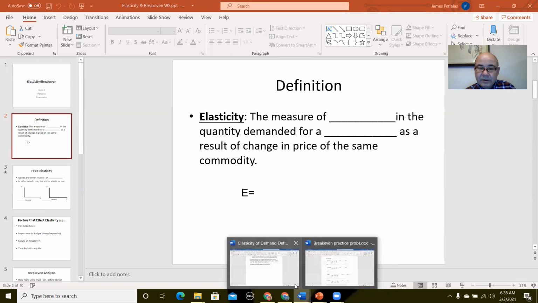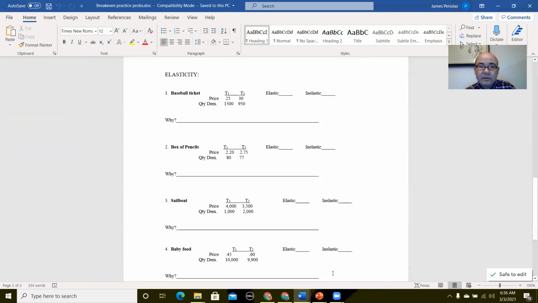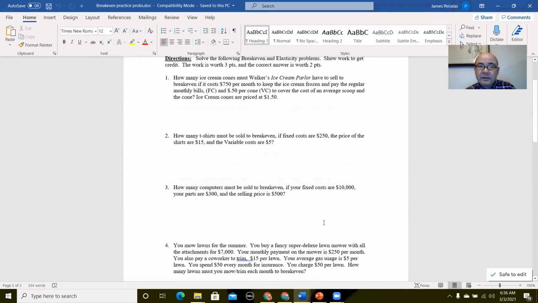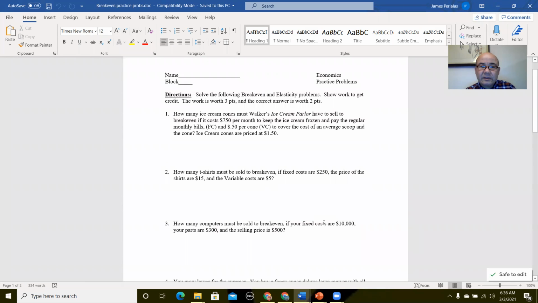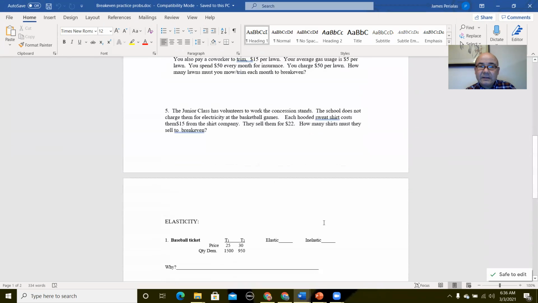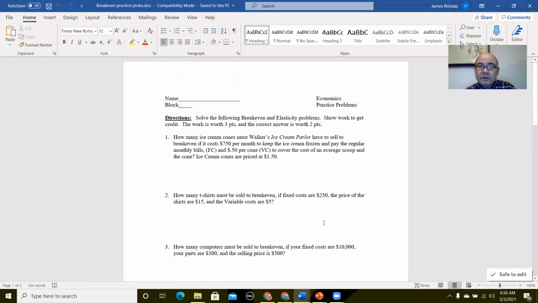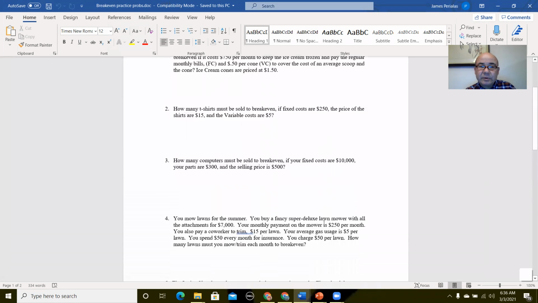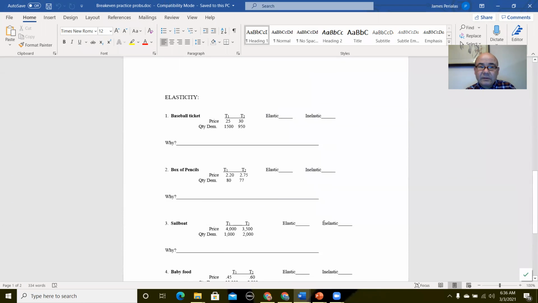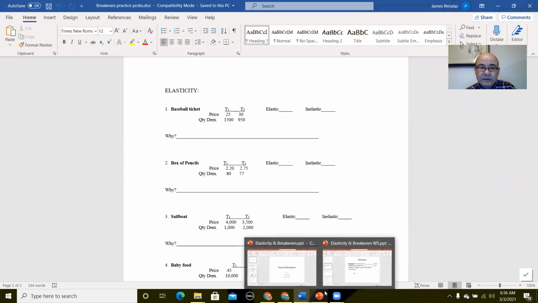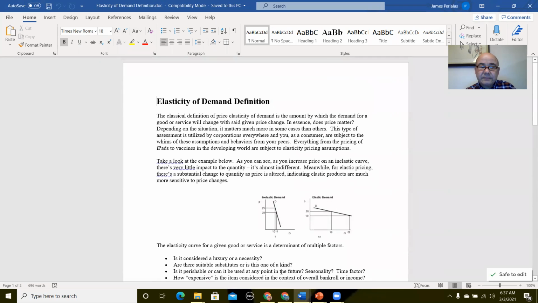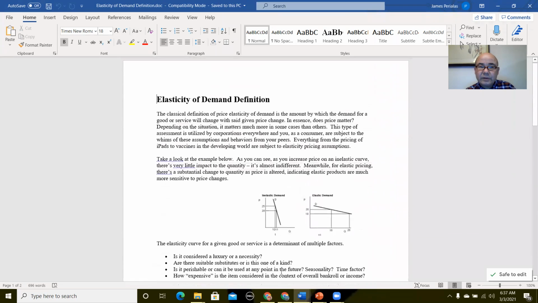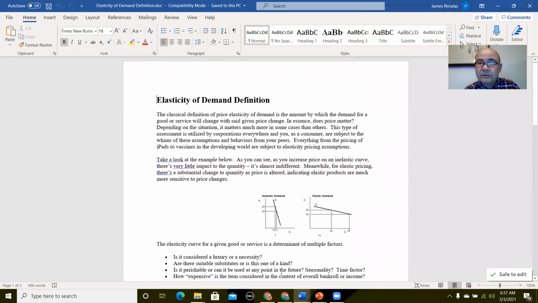The other two handouts that you're going to need along the way look like this. The front sheet looks like this, but we're actually going to start on the back side, or page 2, that says economics practice problems. We're going to start on the second page that starts with the words elasticity. And then the third one is a short 2-page reading that's going to go with tomorrow's asynchronous assignment.